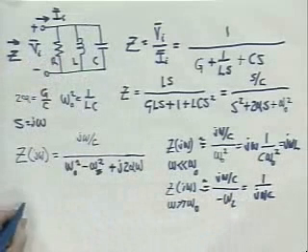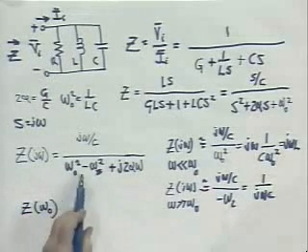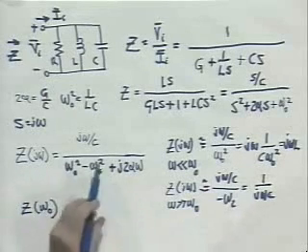What happens at omega naught? Z of omega naught. These terms cancel exactly at omega naught, so the real term disappears.